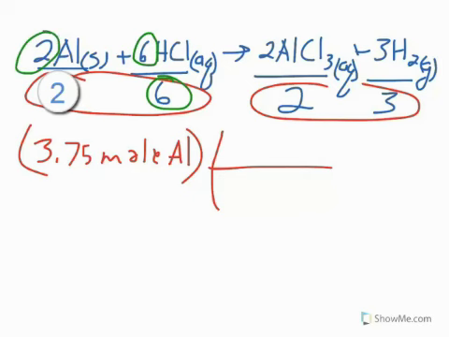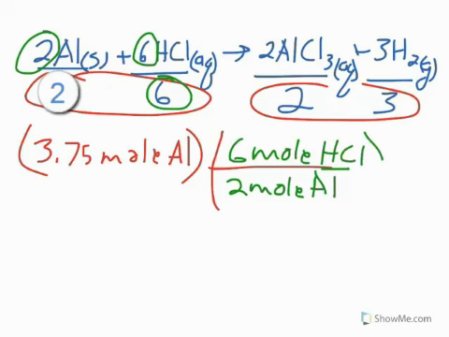So I just write down 2 moles of aluminum, 6 moles of HCl. So I get these conversion factors, the 2 and the 6, from the stoichiometric coefficients from the balanced equation. This 6 here and this 2 here.